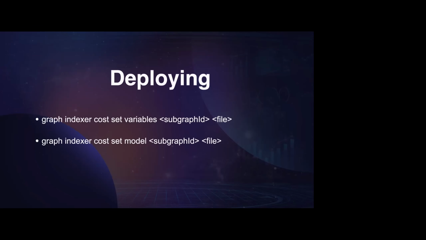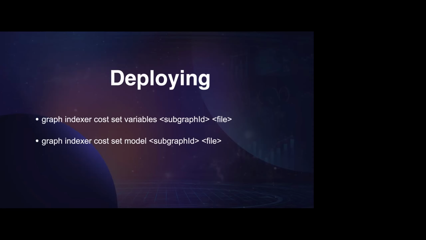Once you're satisfied with the results and you'd like to deploy your cost model, you can use the indexer CLI for that. So there's one command in the indexer CLI for setting the variables, which you are expected to do fairly frequently and according to changing market conditions, changing database, changing whatever.